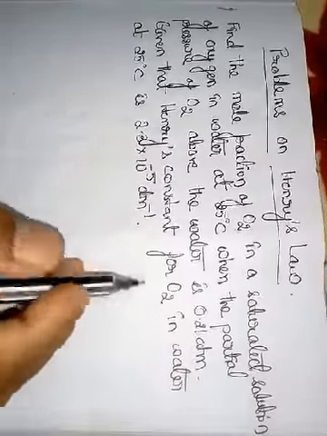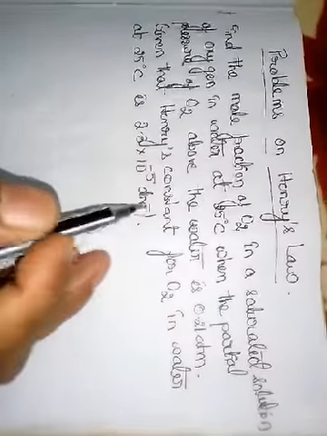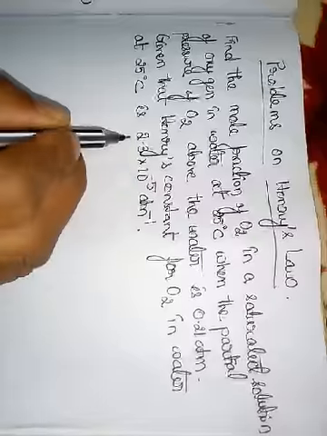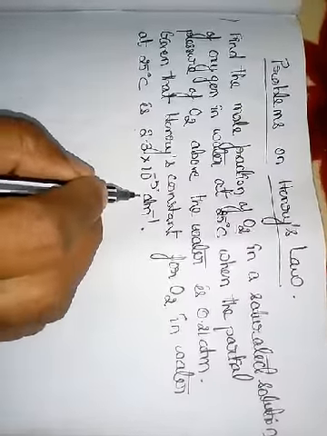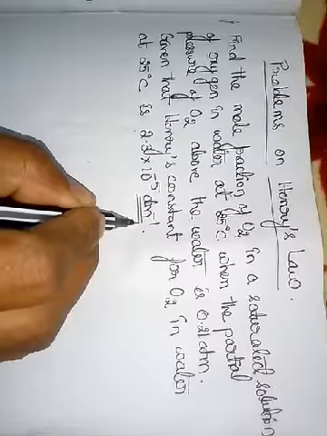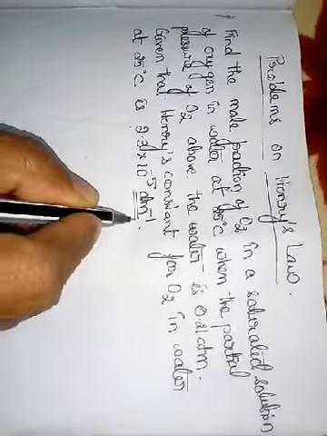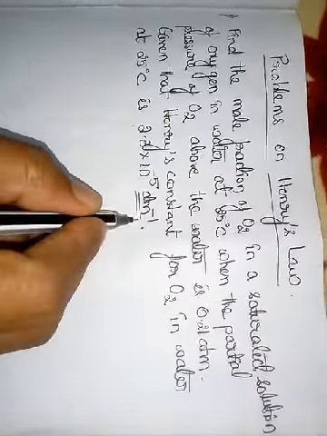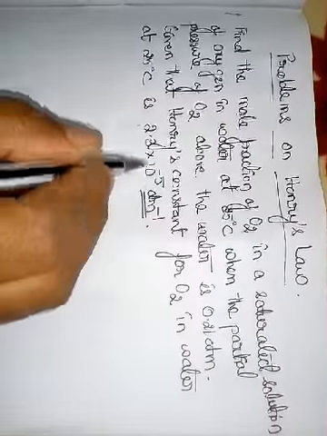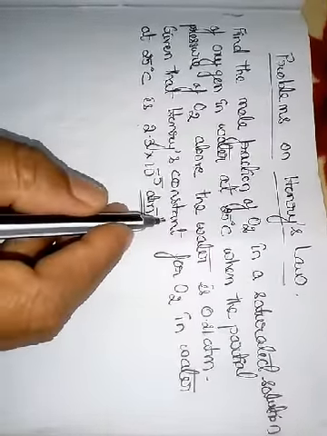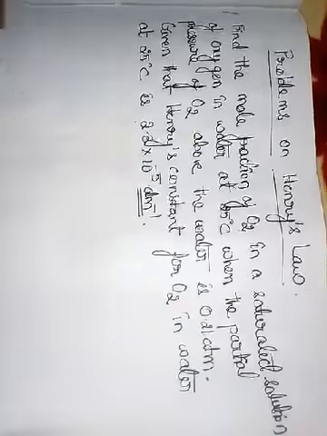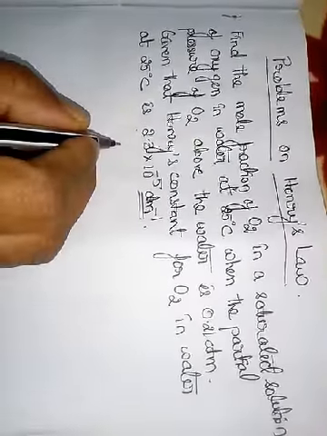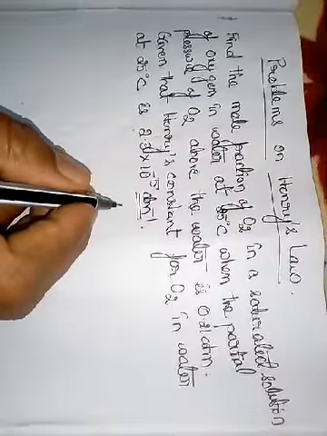Now, for this numerical problem, the Henry's law constant unit should be considered. Here it is atm inverse. So whenever the unit for the Henry's law constant is pressure inverse, the formula to be used is the second formula we had just discussed.